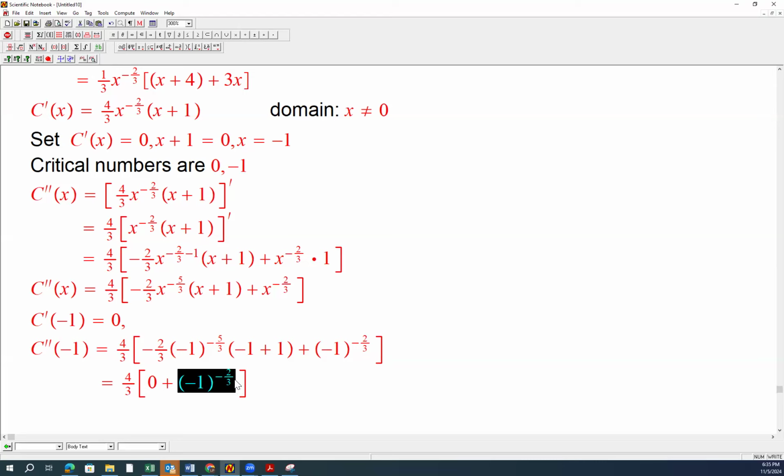This is basically a cubic root, but you're going to change it because it's a negative exponent. It's a cubic root and squared.